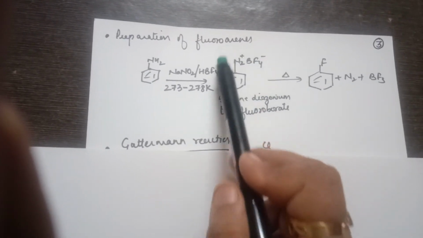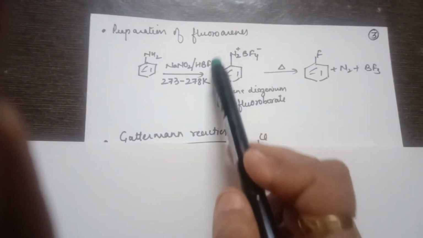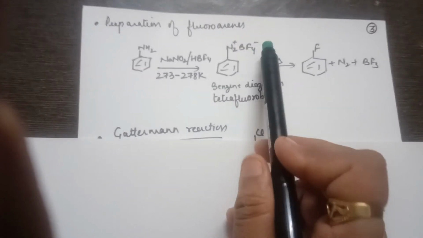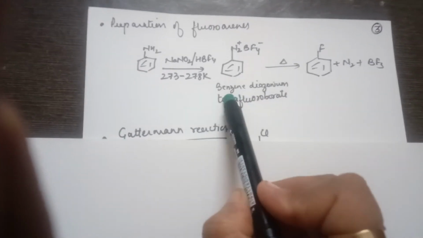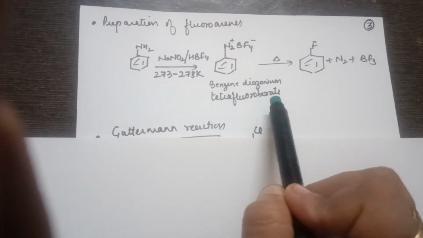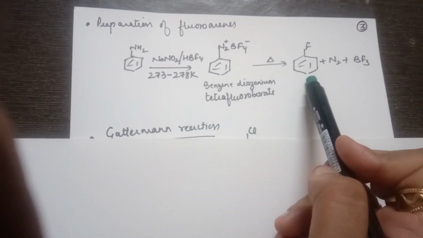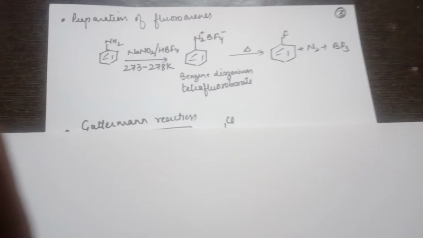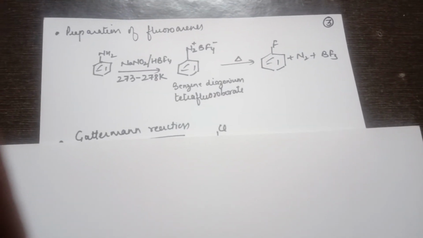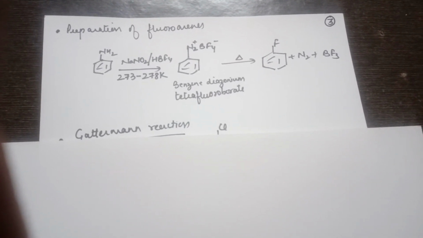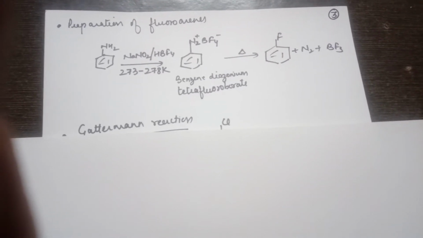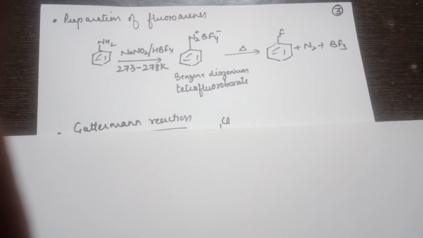Here you get, instead of N2 plus Cl minus, N2 plus BF4 minus, benzene diazonium tetrafluoroborate. If you heat this compound, you get fluorobenzene, and nitrogen and boron trifluoride will be eliminated.